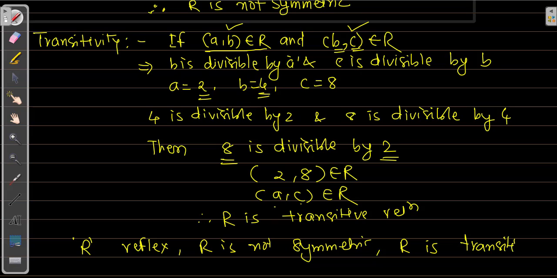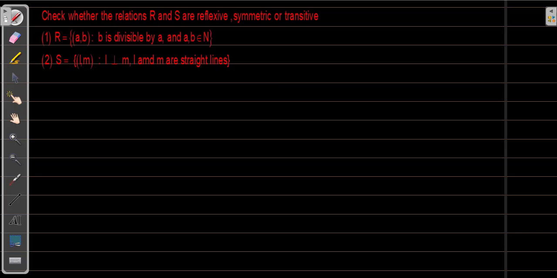So we have checked the reflexivity, symmetry and transitivity for relation R. Now we will check what about our relation S, whether it is reflexive, symmetric or transitive.